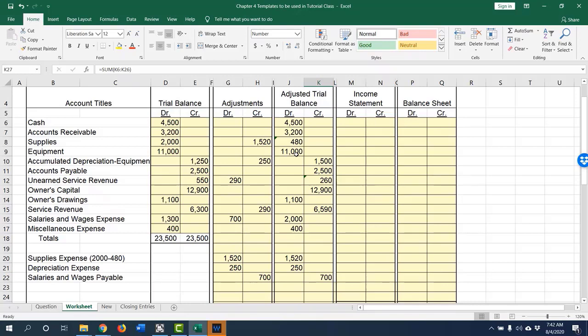That's very simple. Just remember one thing, that whenever you are preparing the income statement and balance sheet part, you don't have to worry about these first 4 columns. You just have to worry about the adjusted trial balance, because we prepare the income statement and balance sheet from the adjusted trial balance.